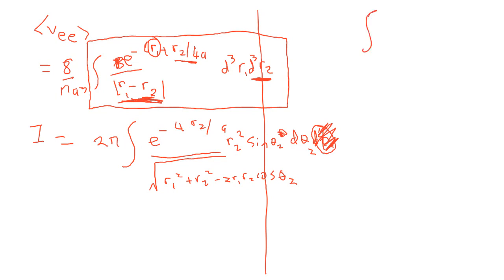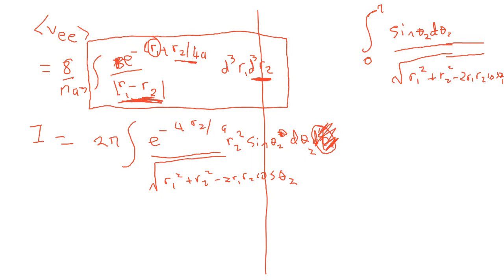So we first have to do the integral from 0 to pi of sine theta 2 d theta 2 over the square root of r1 squared plus r2 squared minus 2 r1 r2 cos theta 2. So what is the suggestion for this integral?